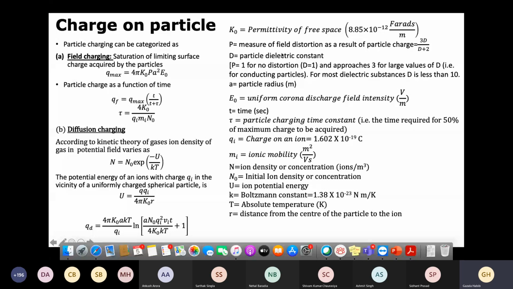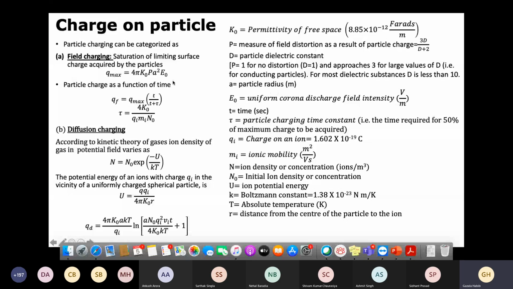As I said, once the particle gets saturation charge, the electrical field around the particle will get distorted, right? The electrical field lines will repel from the particle. That distortion can be given by 3D upon D plus 2, where D is the dielectric constant, and p can vary from 1 for no distortion to 3 for a large value of dielectric constant.